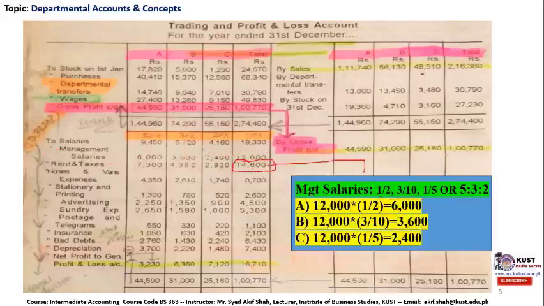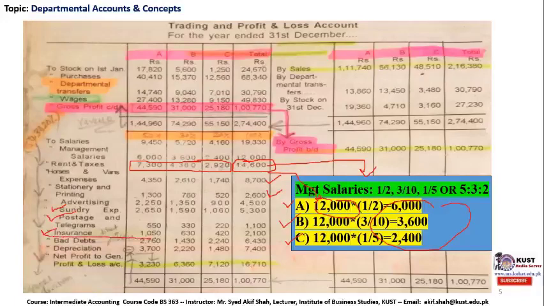The same formula is used to divide this rent and rates amongst Department A, B and C. We only have to change 12,000 to 14,600 in order to calculate the rent and rates for each department, and we come up with 7,300 for Department A, 4,380 for Department B and 2,920 for Department C. This is the way we calculate the expenses related to stationery and printing, advertising, sundry expense, postage and telegram expenses, and the insurance expenses.